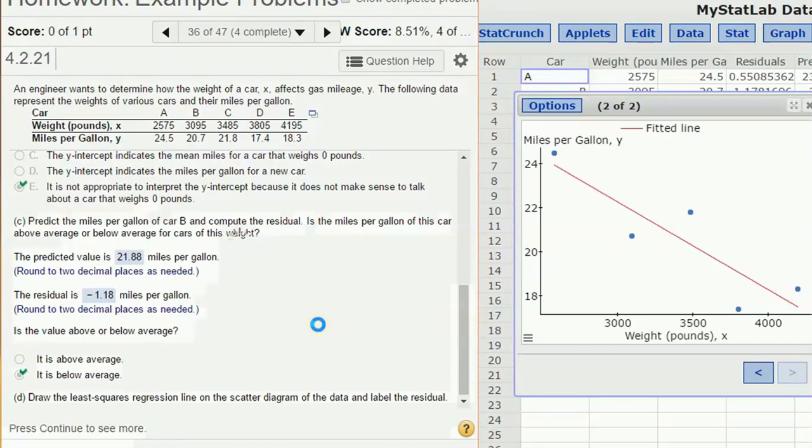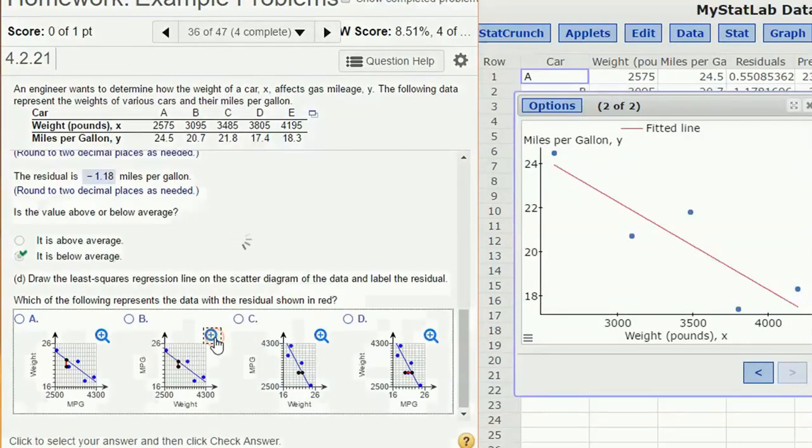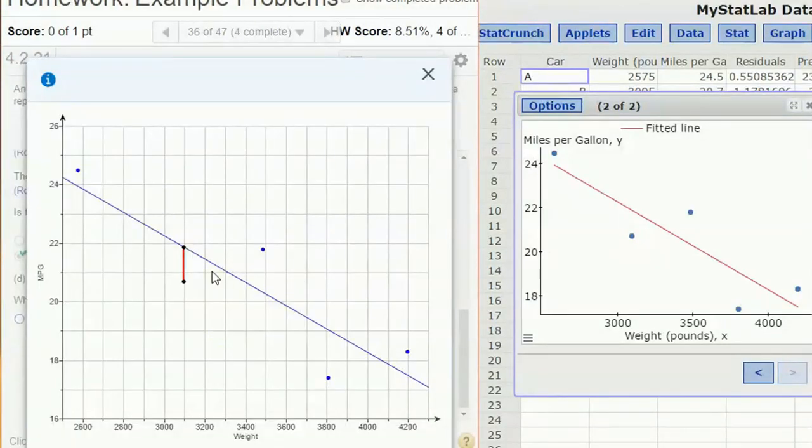Okay. Oh, and look at that part. The last part of the problem is asking us to draw the least squares regression line, which I happen to already have pulled up, and label the residuals. Just looking at the graph, I'm going to magnify here. I think this is it.